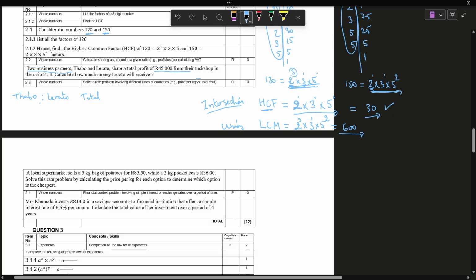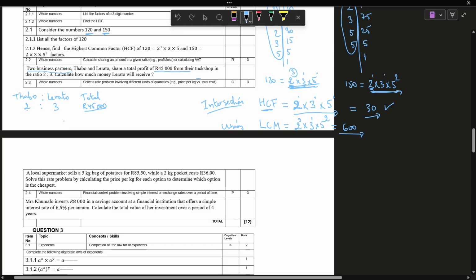And what is the ratio here? The ratio Tabo to Lerato is 2:3, right? And so what is the total that they share is 45,000. So this 45,000 is shared in this ratio 2:3.